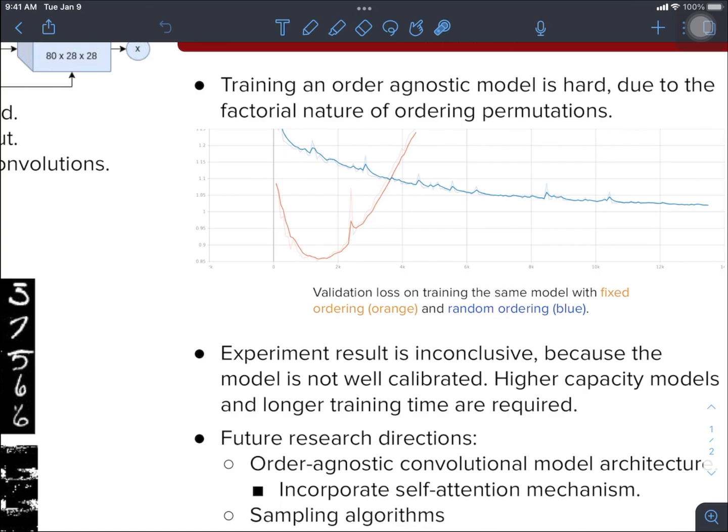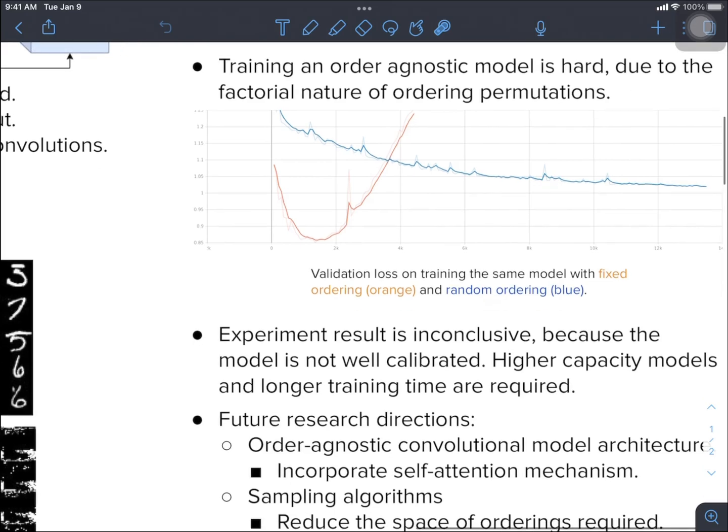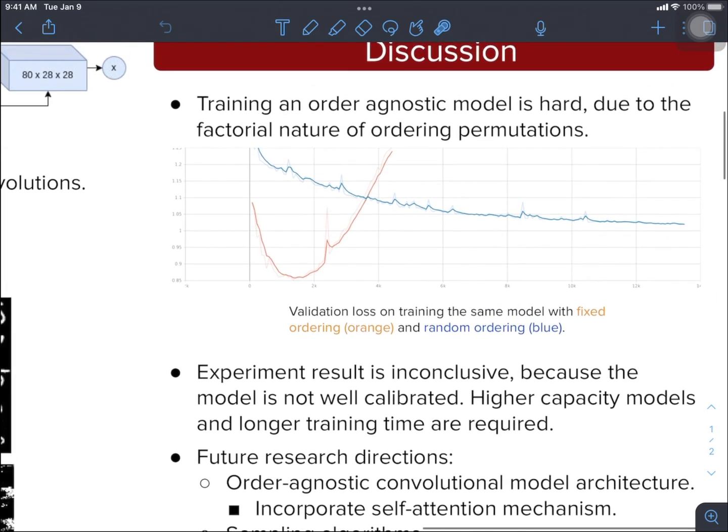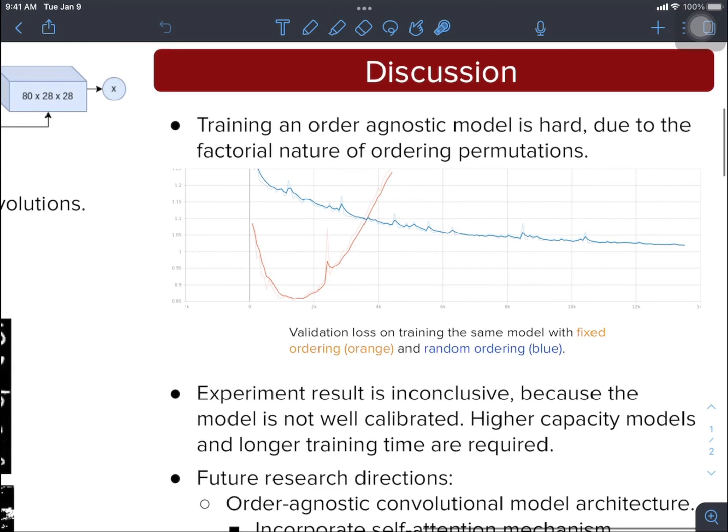And so in this graph, what you see is the fixed ordering trained model in the orange line and the random ordering in the blue line. And the random permutation model underfits severely. And to get good results, I would have to train with a higher capacity model for much longer time.